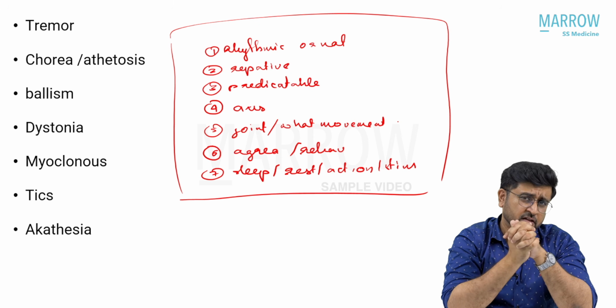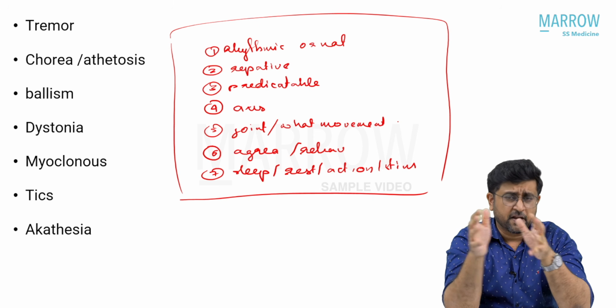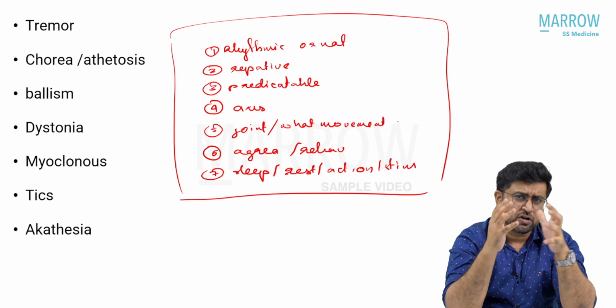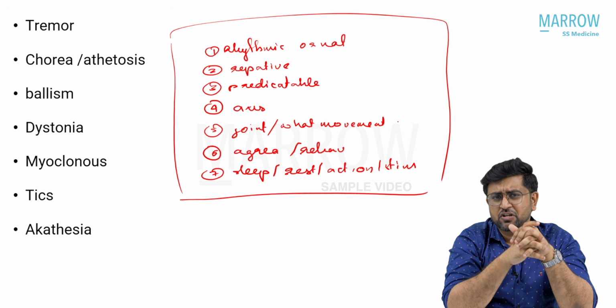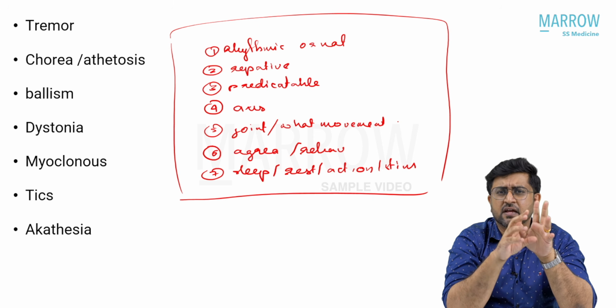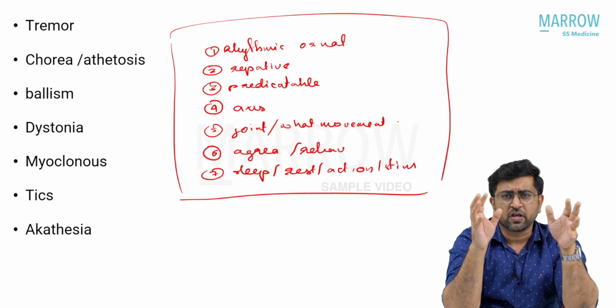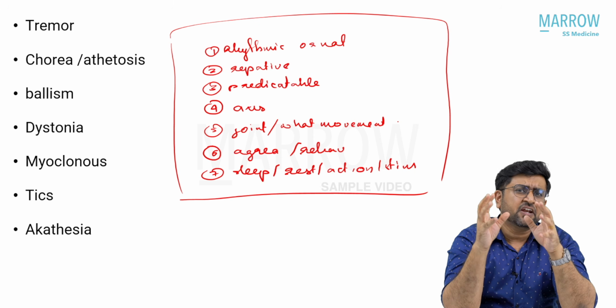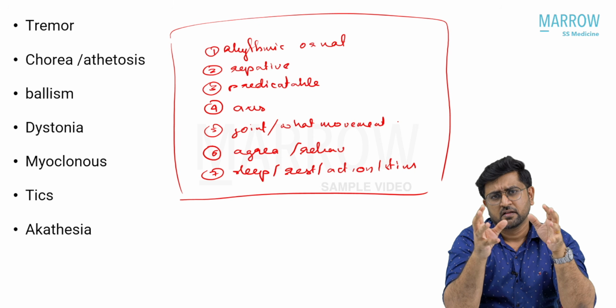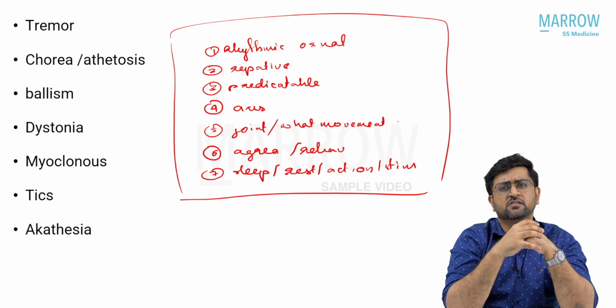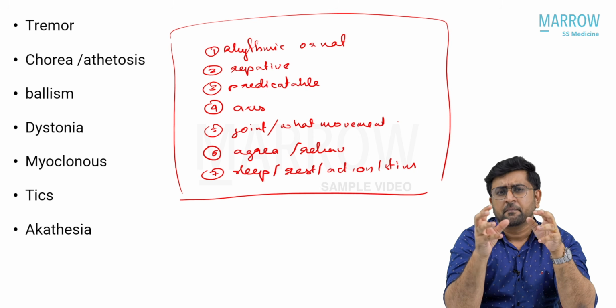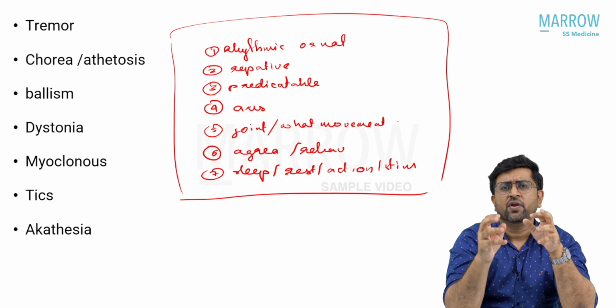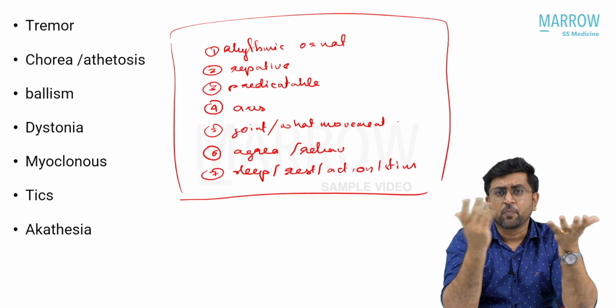So what about dystonia? I'll discuss each movement separately, but first of all, you should understand how to identify the movements. Dystonia, by definition, is a sustained contraction of the muscle, which results in movement or posturing or both together.